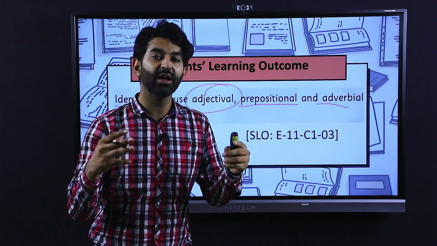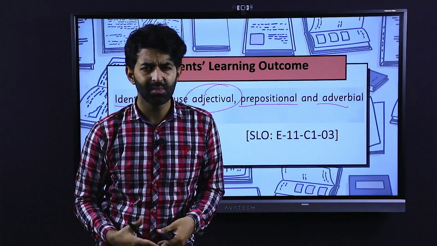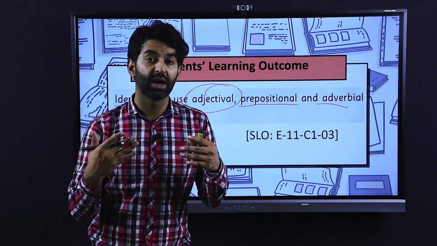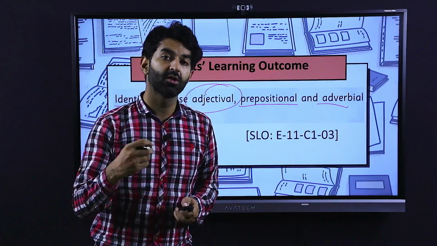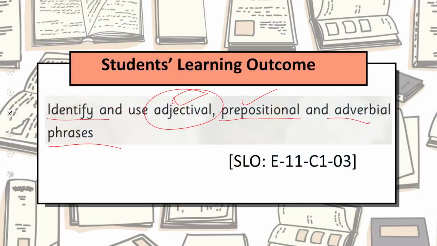When they are interacting with different groups of words, they become phrases. They act like a phrase. But the head word will be adjective here, it will be preposition over here, and it will be adverb over here.